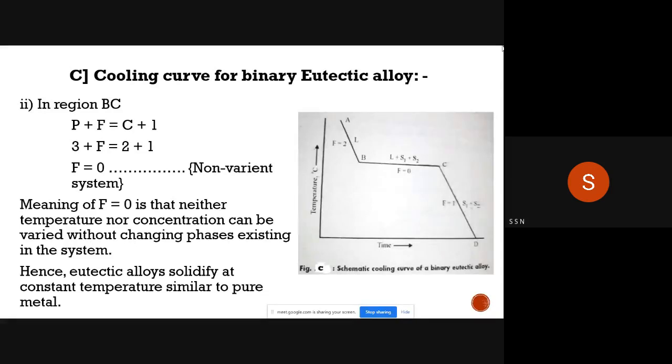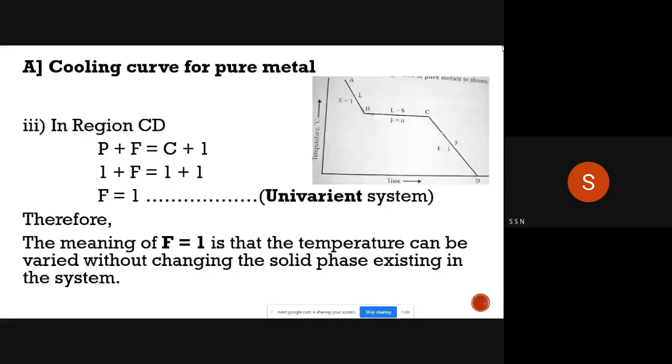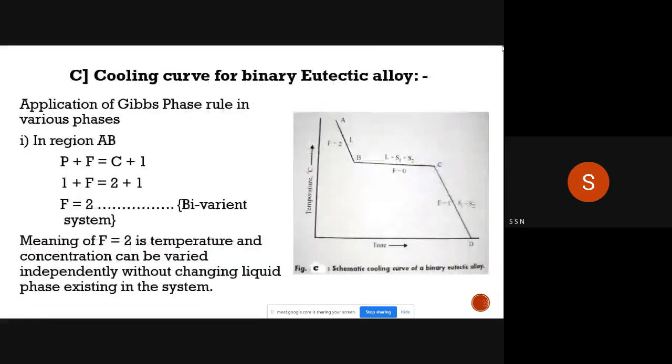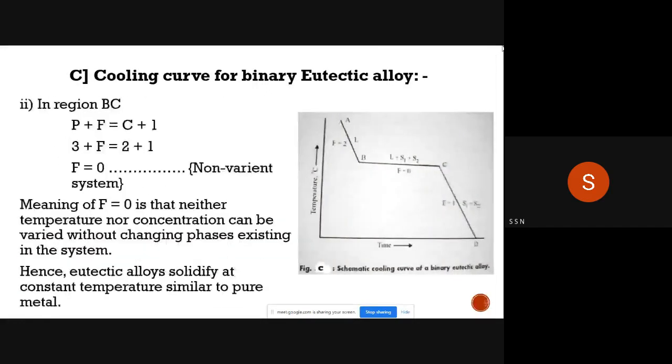For pure metal also we have seen it like this: above this temperature, if you increase the temperature, the phase will change to liquid. Below this temperature, if you decrease the temperature, the phase will change to solid. Like that, for binary eutectic alloy also.